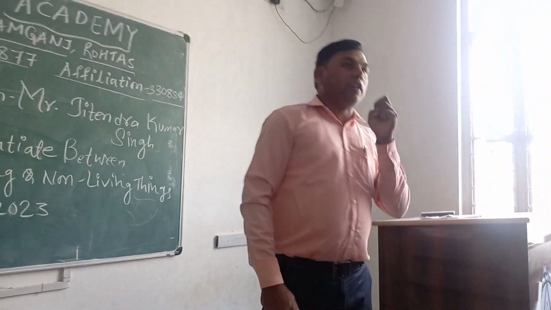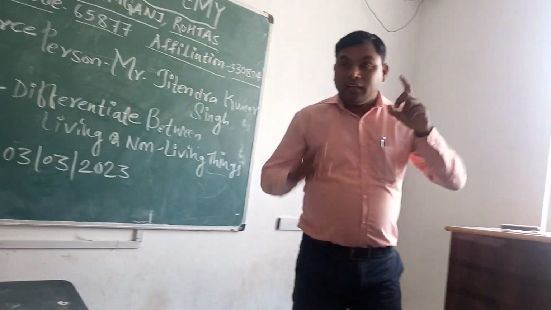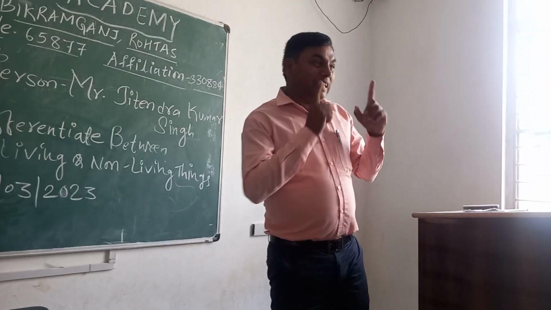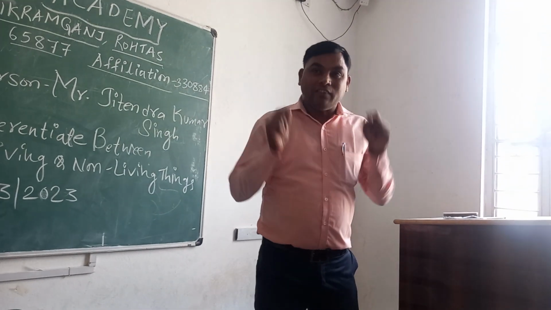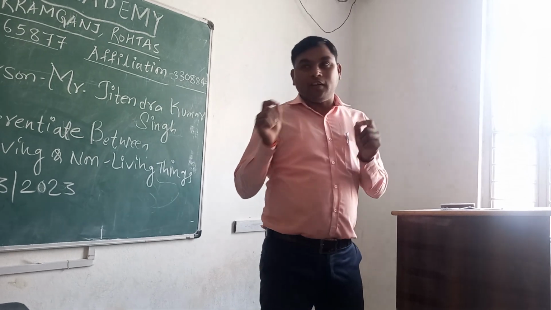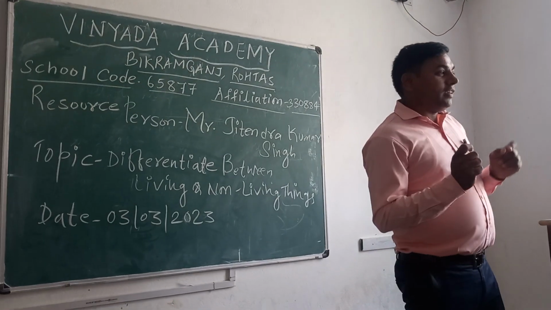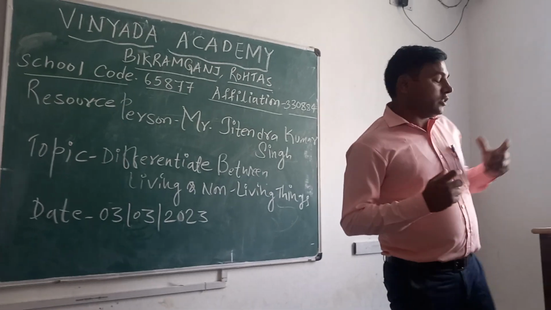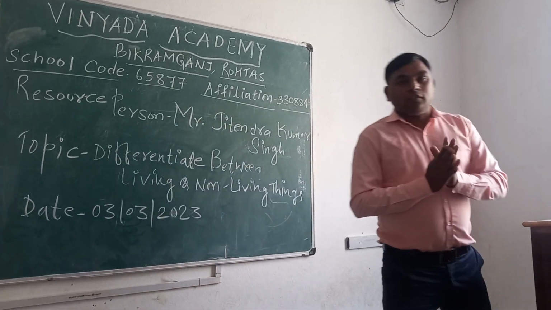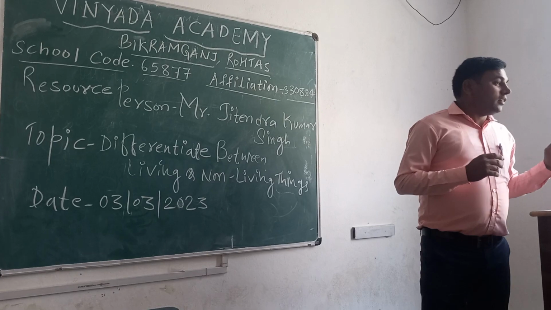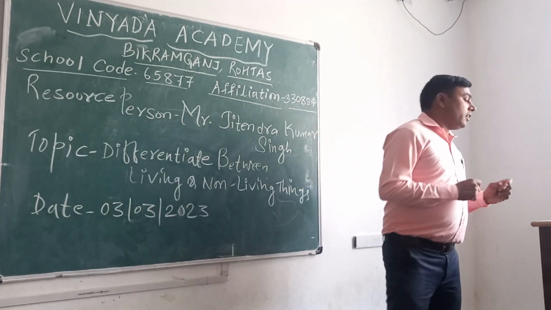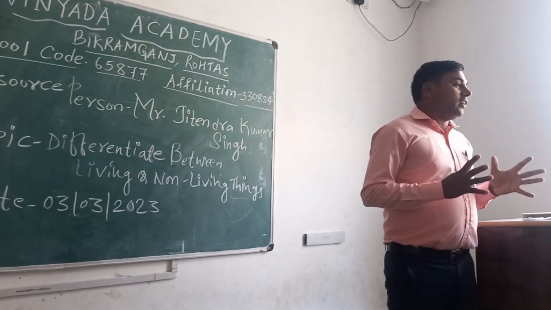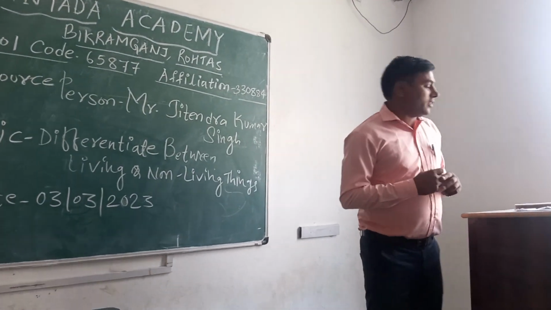So now you guys have told the most important thing: that both of us, living and non-living, live in this environment. That is the main point that he has told us. And we all know that in living and non-living things there are many differences.